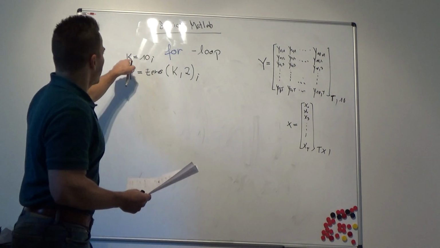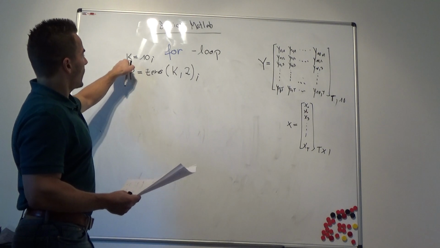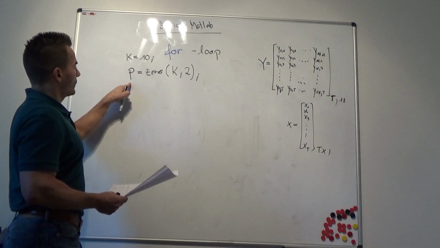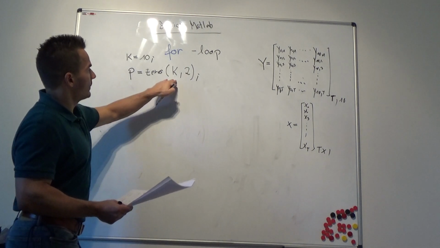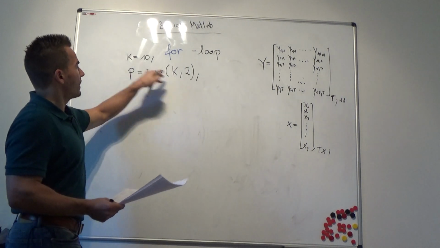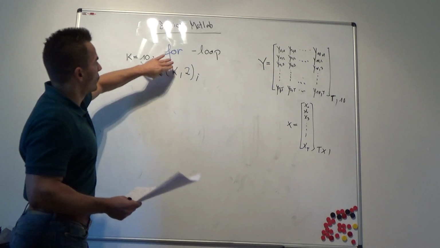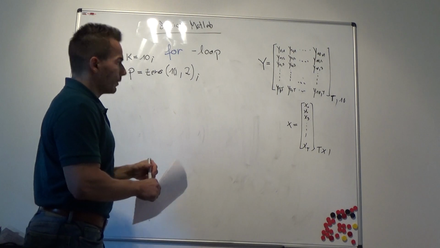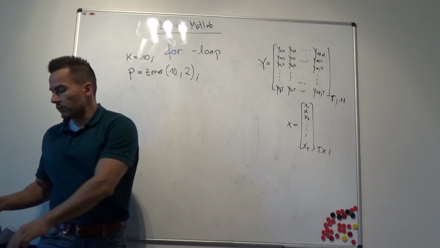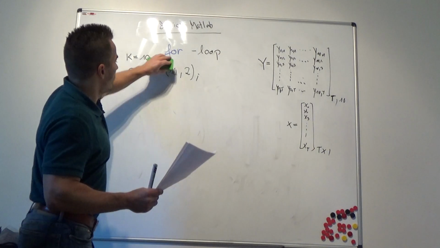Once we have defined capital K, we can define our P matrix, where we store our results, as zeros(K, 2). If we had not defined K before, we could simply write zeros(10, 2), which would give us the same matrix of zero entries.